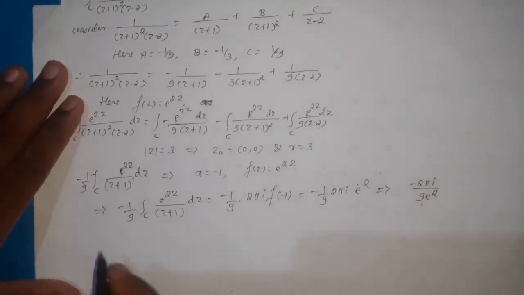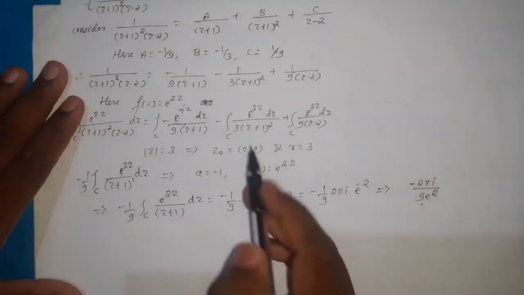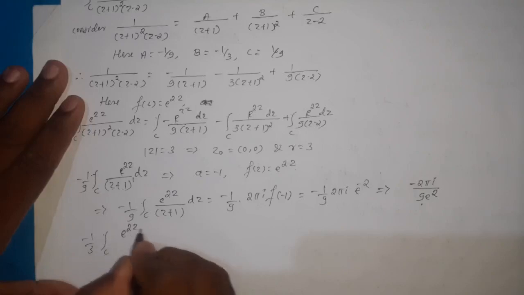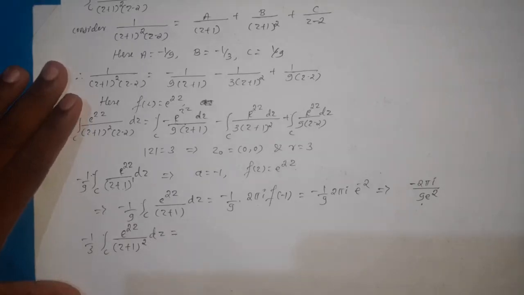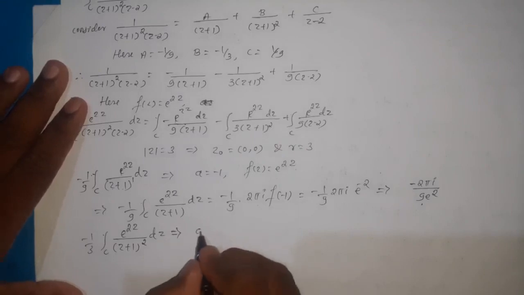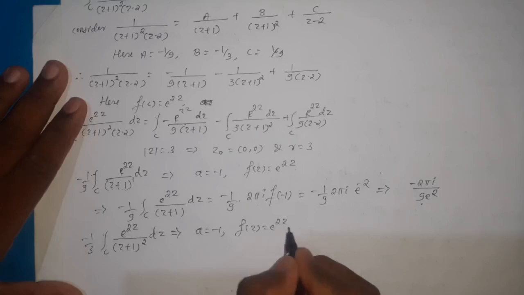Then the second integral is minus 1 by 3 times the integral over C of e power 2z divided by (z plus 1) whole square dz. Here again a is equal to minus 1 and f of z equal to e power 2z.